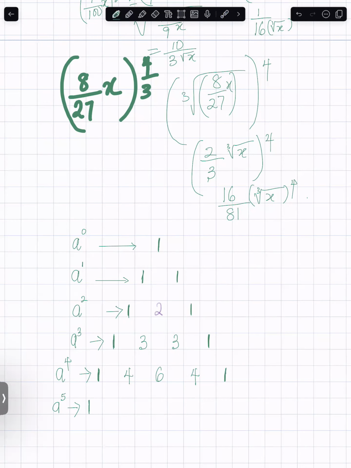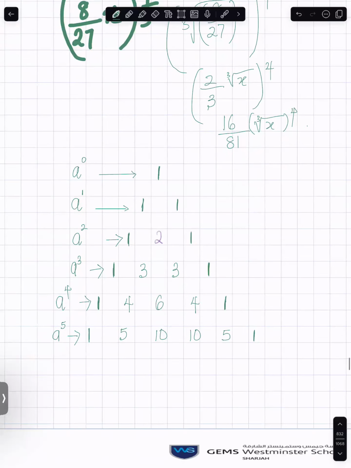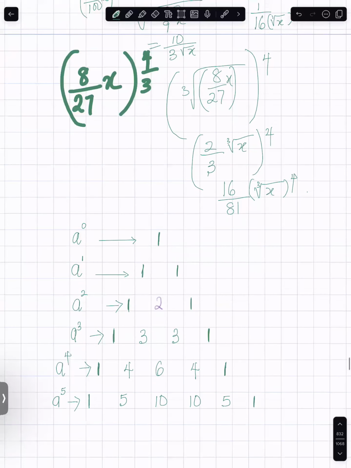So 1 to 4 here is giving me 5, 4 to 6 is giving me 10, 6 to 4 is giving me 10, then 4 to 1 is giving me 5, then you put your 1. Okay, then we have when it is raised to the power of 6.